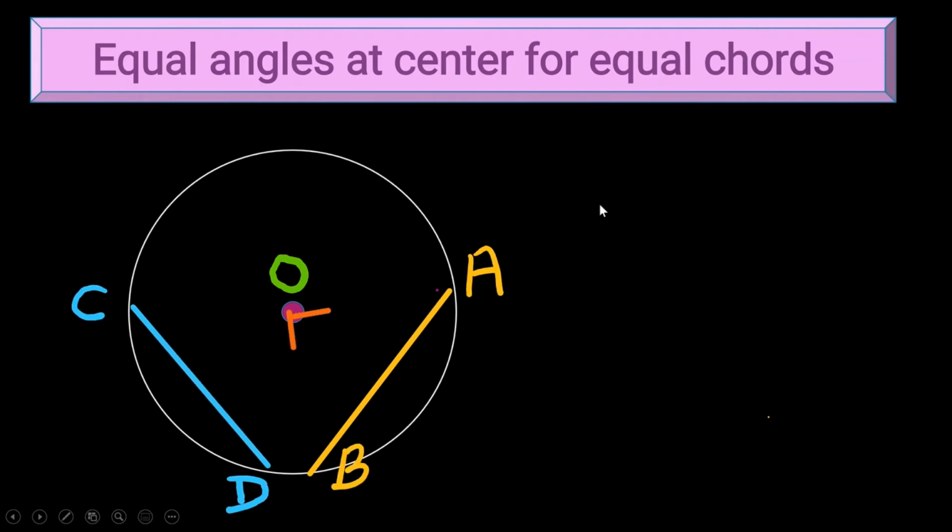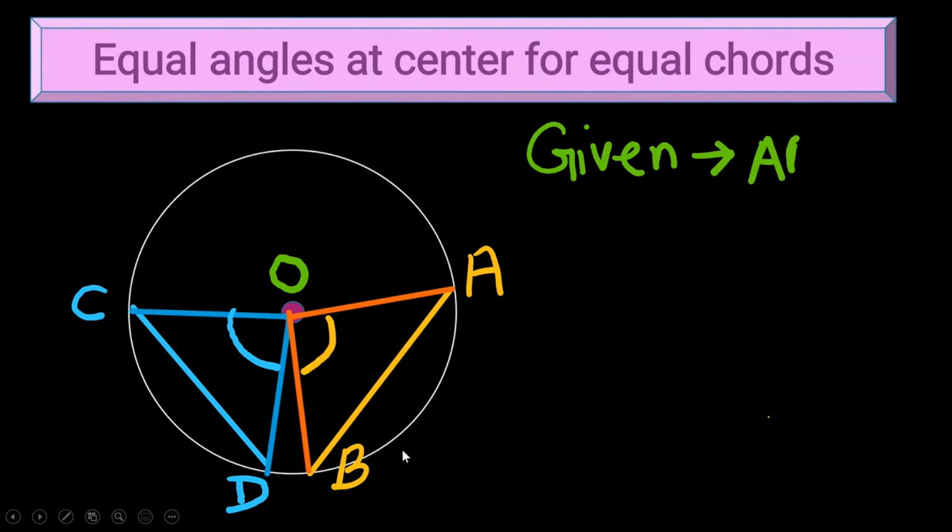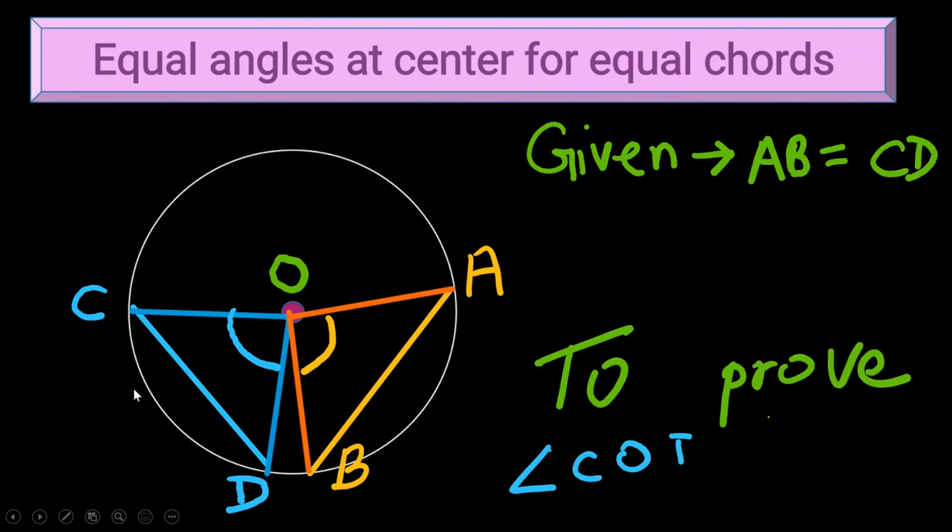Now we make the angles at the center. So we join OA and OB. Similarly, we join CO and OD. So what we can say is that angle COD will be equal to angle AOB. Given is that AB is equal to CD, and we need to prove that these two angles are equal.